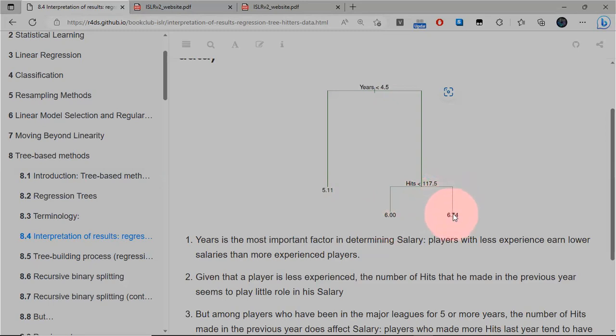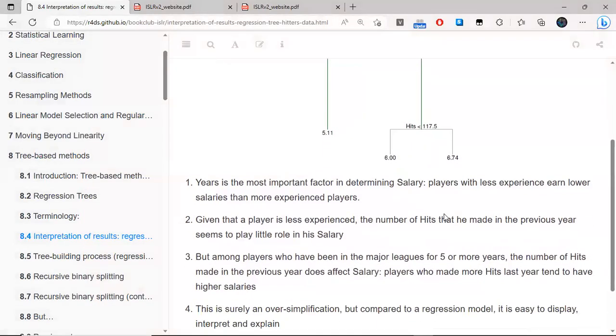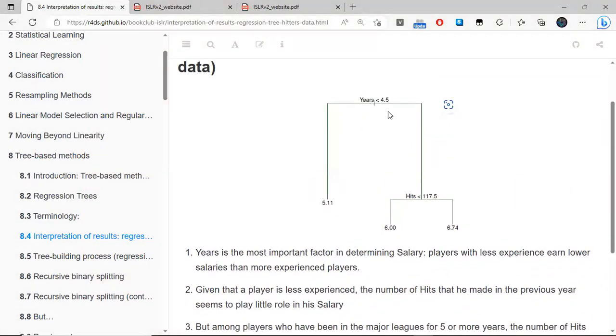And the last interpretation for this value would be that if the observation falls within this range for the years, and falls within this range, no, the opposite for hits, then this would be the predicted response. So it's just a binary selection.